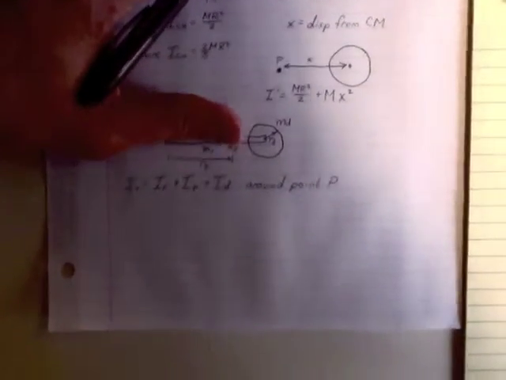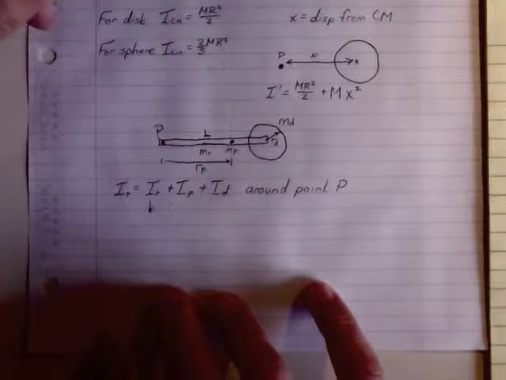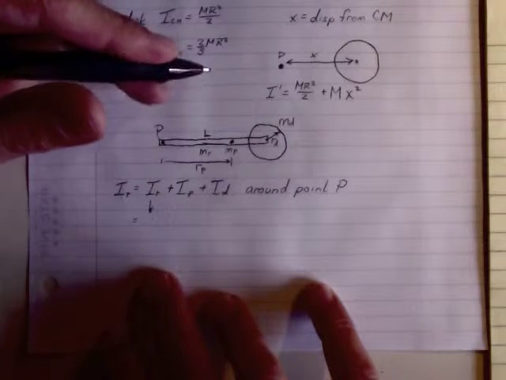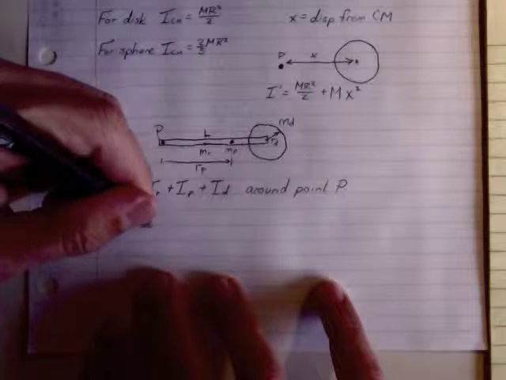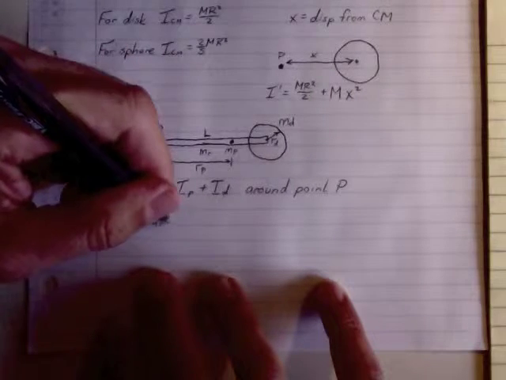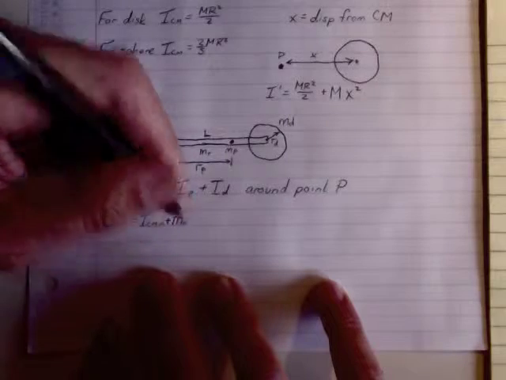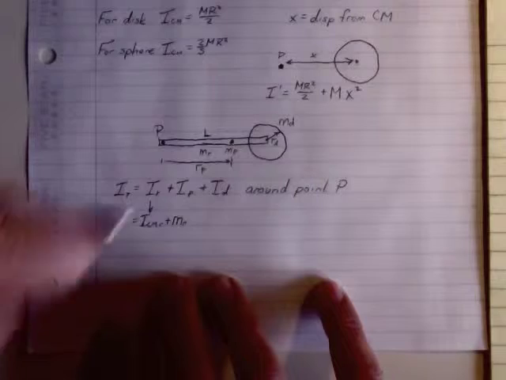I have to move my camera because I'm getting a little off the chart there. Okay, there we go. So let's start with this one. The rotational inertia of the rod about point P is going to be I center of mass of the rod plus mass of the rod, we're going to use the parallel axis theorem, times x squared.